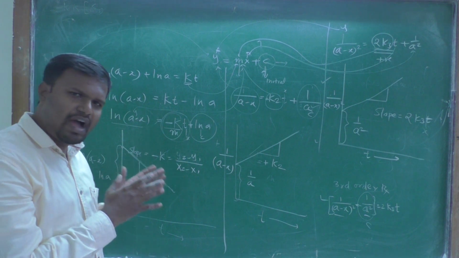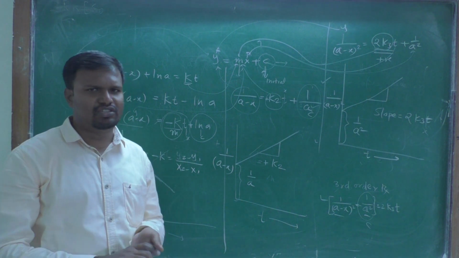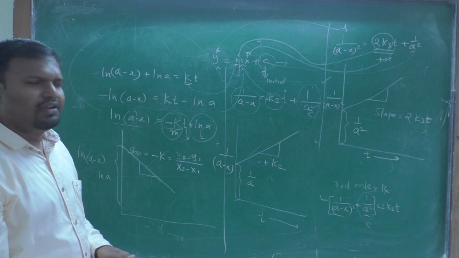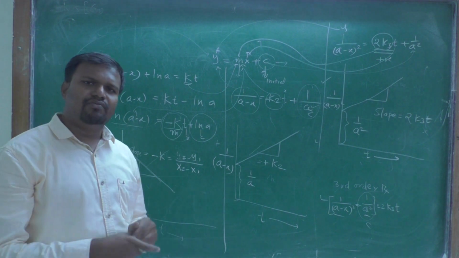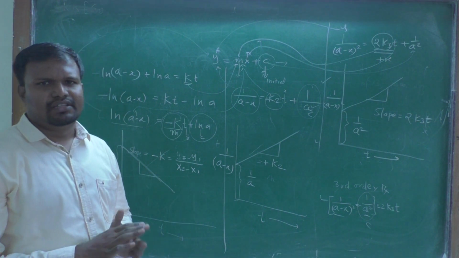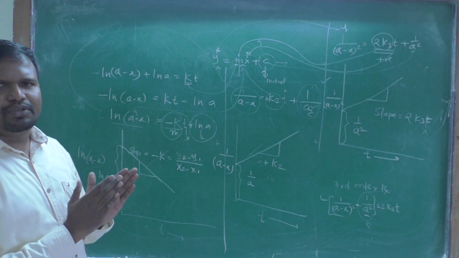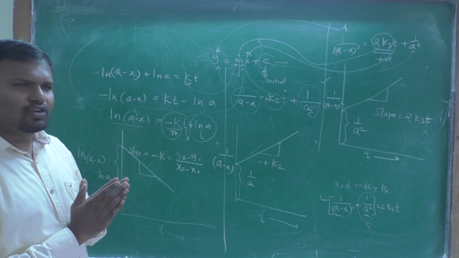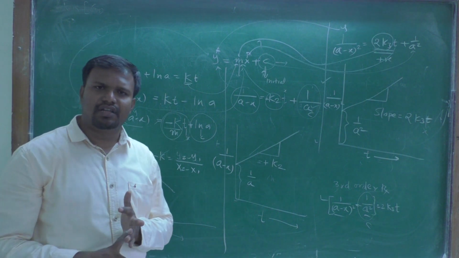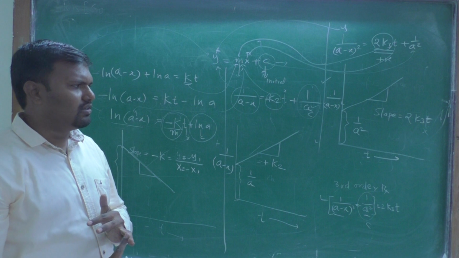The line equation is y equals mx plus c, where c is the intercept and m is your slope. By comparing, we have calculated how the graph is obtained. This is all about first order reaction, second order reaction, and third order reaction.